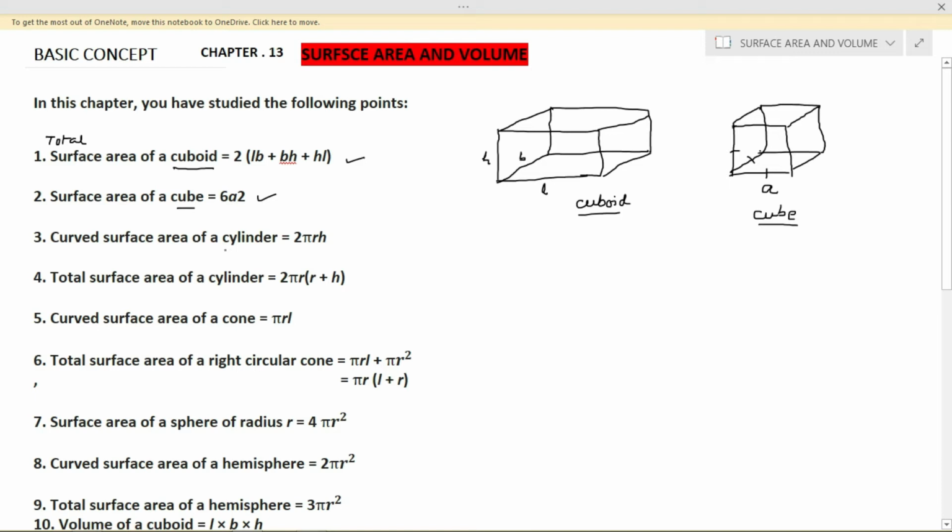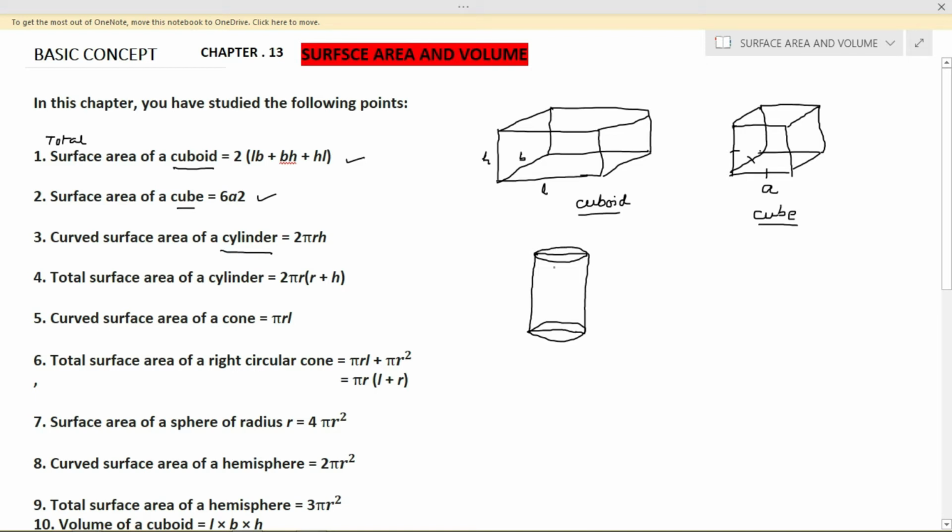This is your cylinder. Now how to draw the cylinder? It's quite easy. If you draw by some process, first you draw one rectangle, and at the bottom and the top you place one elliptical surface.